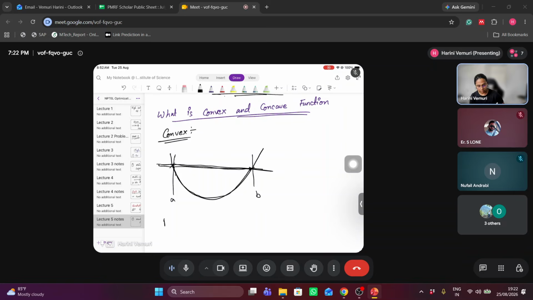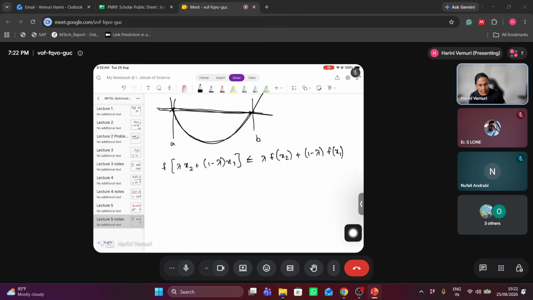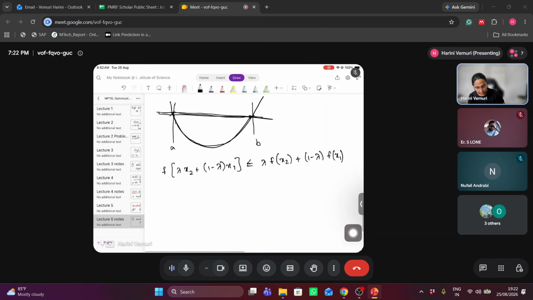We have an equation for that: f(lambda x2 plus (1 minus lambda) x1) is less than or equal to lambda f(x2) plus (1 minus lambda) f(x1). I'm just giving a recap, so I'm not discussing how to derive it.